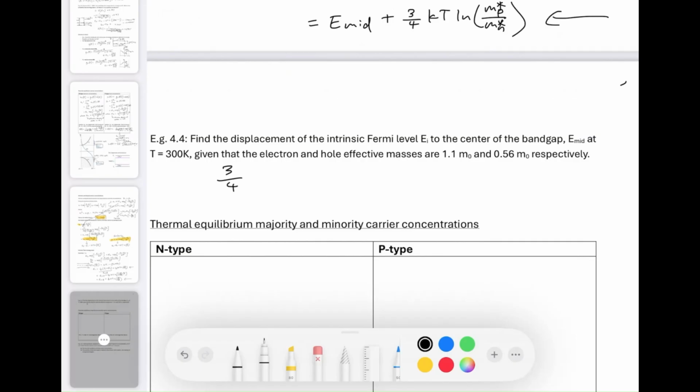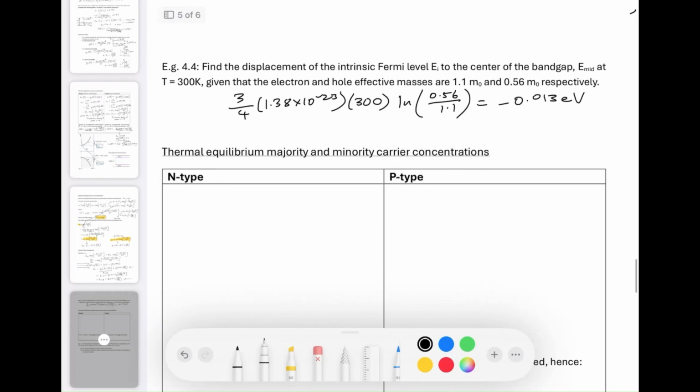We just sub into the equation, 3 over 4 kT ln, and this is equal to negative 0.013 eV. As you can see, 0.013 eV is a very, very small amount. In most questions, 0.01 is a very small amount, so normally it can be approximated to E mid.